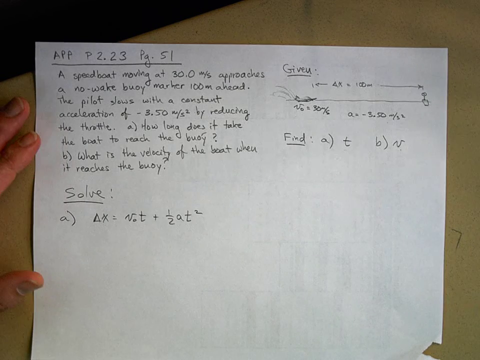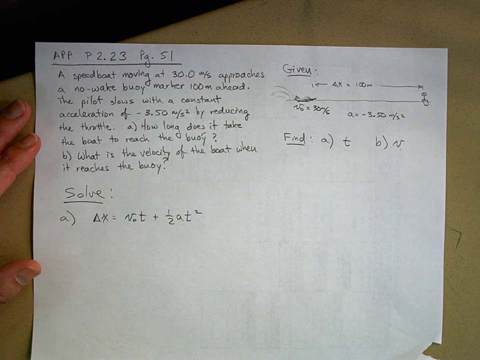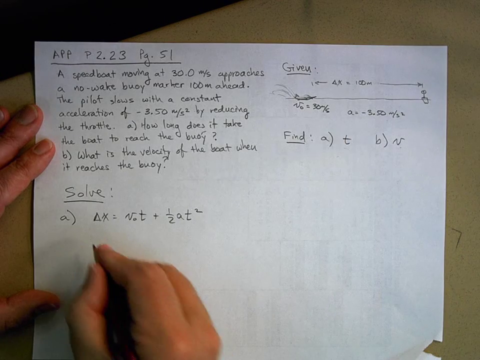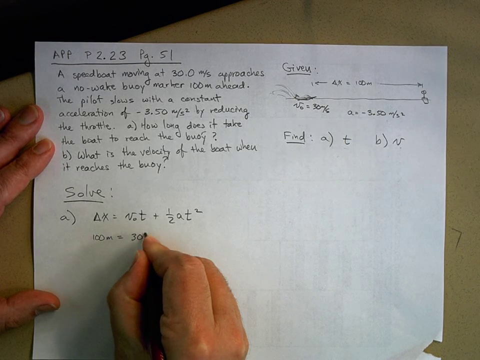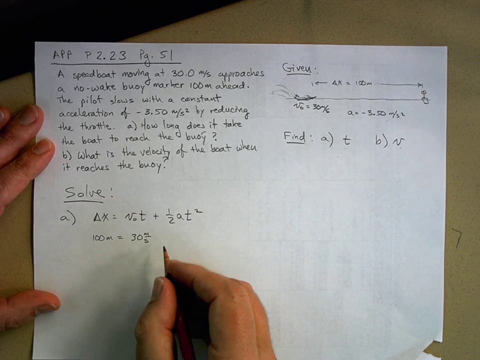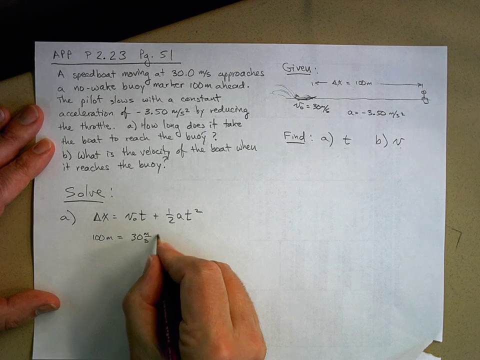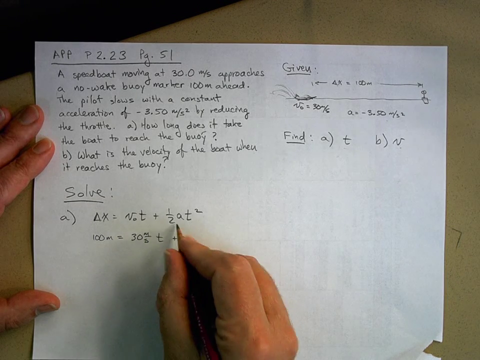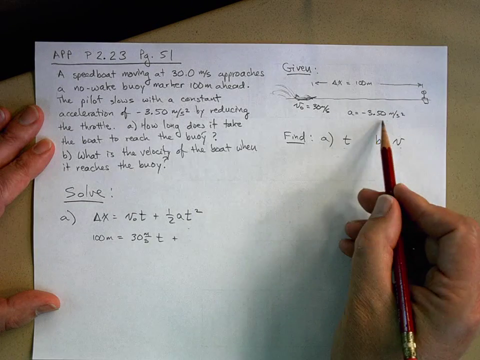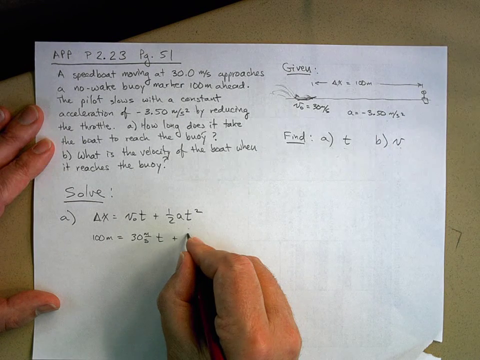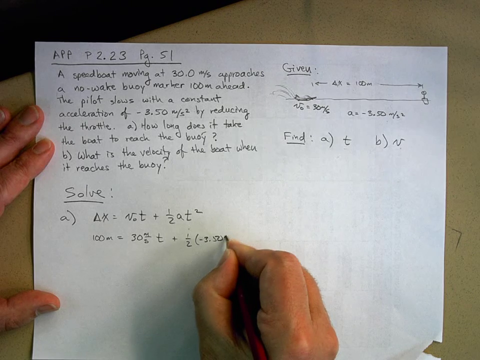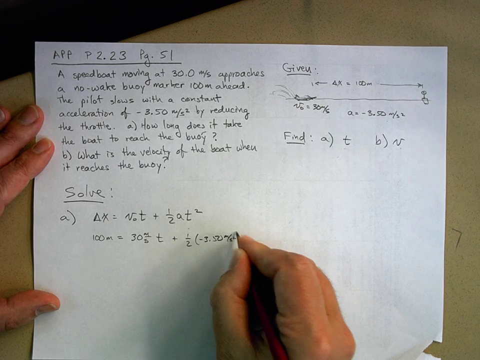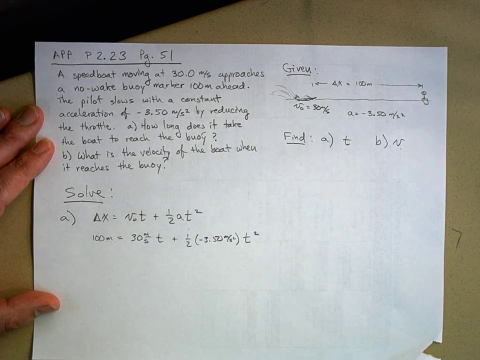But if I put the values in here, you're going to end up with a quadratic, right? So delta x is 100 meters, equals 30 meters per second times t, plus 1/2 of negative 3.50 meters per second squared times t squared.